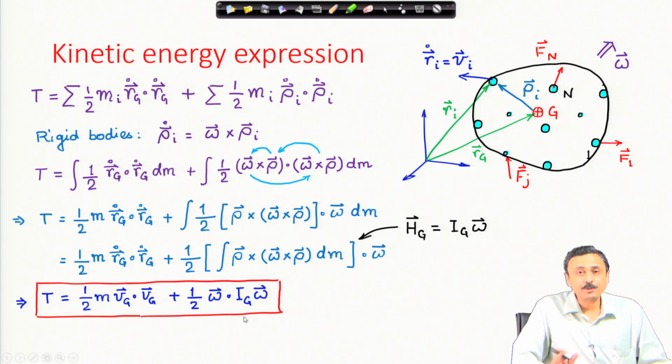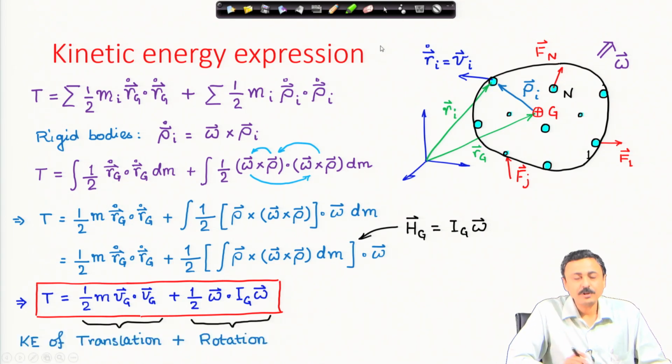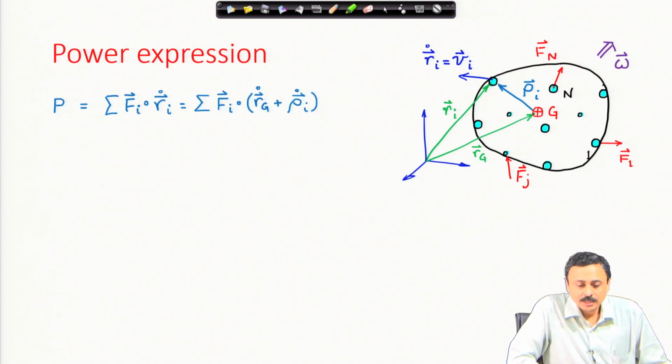Here as an expression, Ig can also be a tensor, the moment of inertia tensor, which we will discuss a little later. But for prismatic bodies, this will turn out to be a scalar. Therefore, we have these two terms, the kinetic energy of translation and kinetic energy of rotation, that constitutes the net kinetic energy of the body.